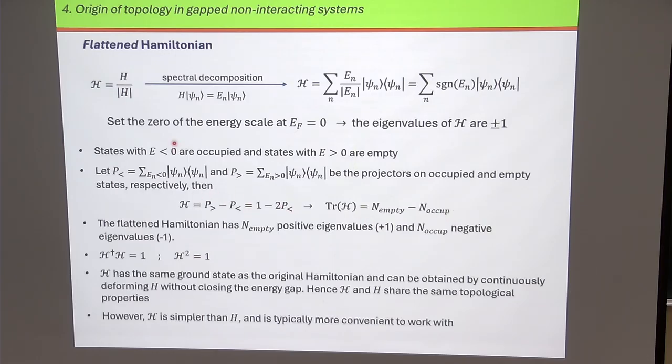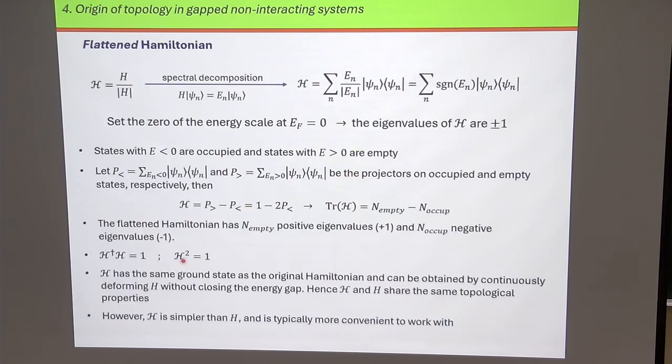Anyway, there are nice properties of this new flattened Hamiltonian. Again, the eigenvalues are just plus or minus 1. You will get as many plus 1s as positive energy states you have, and as many minus 1s as negative energy states you have. Then it is unitary, and it also squares to 1.